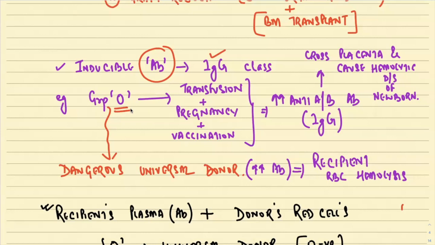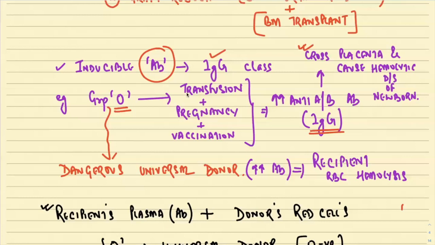And this anti-A and anti-B, formed in increased amounts, is of IgG class. So any antibody which is naturally occurring will be IgM class, whereas any antibody which is inducible is of IgG class. This IgG class can cross the placenta and can cause hemolytic disease of the newborn.